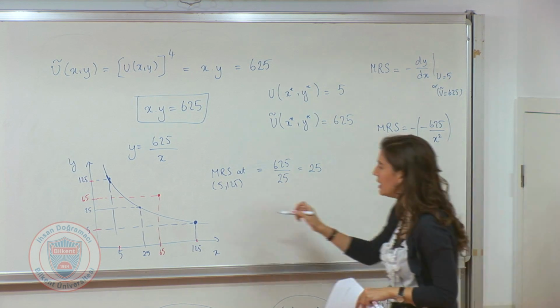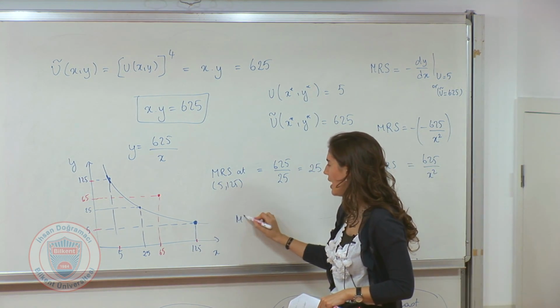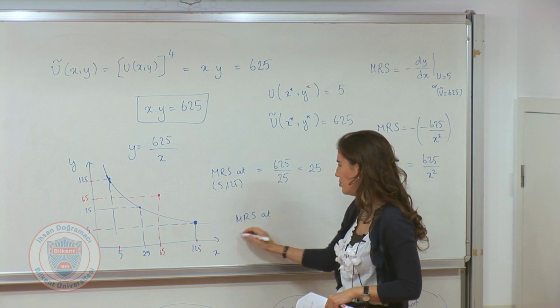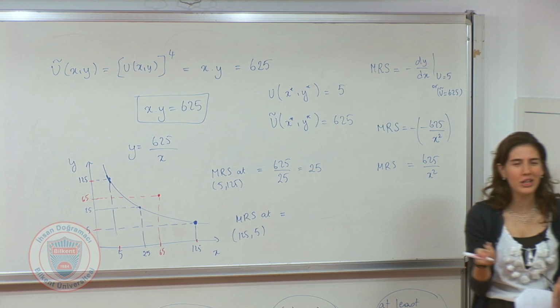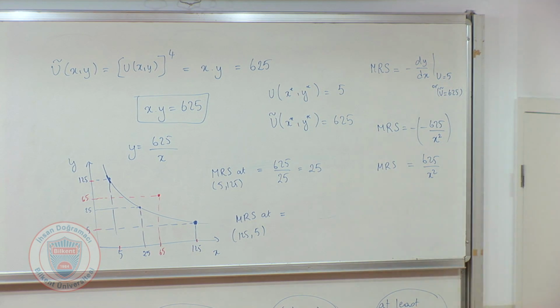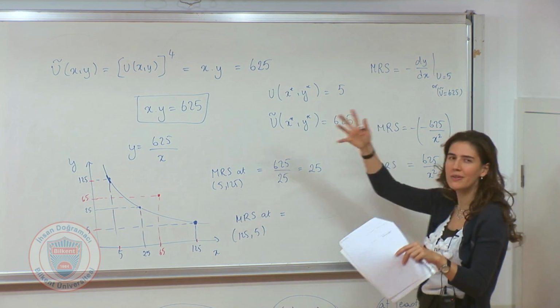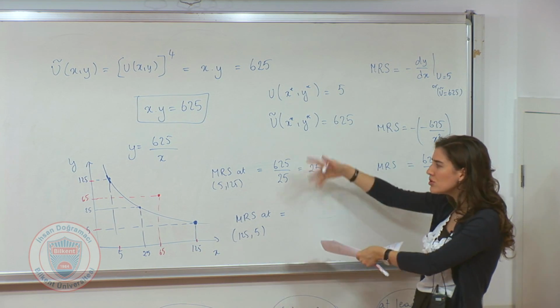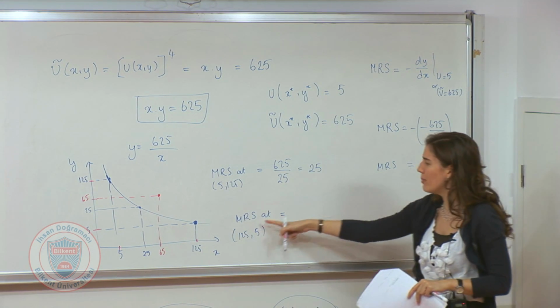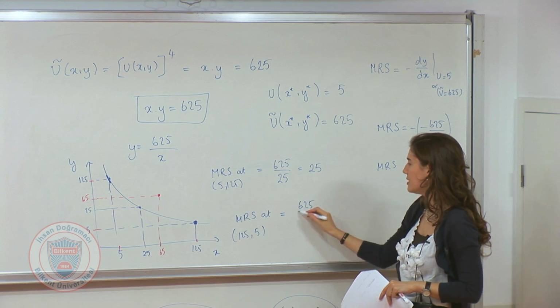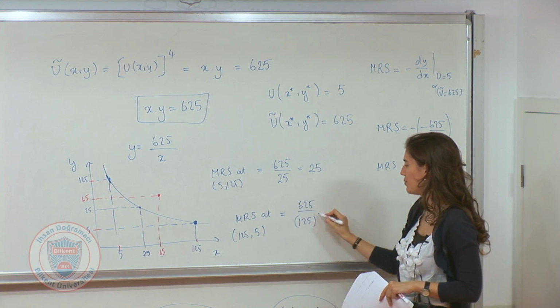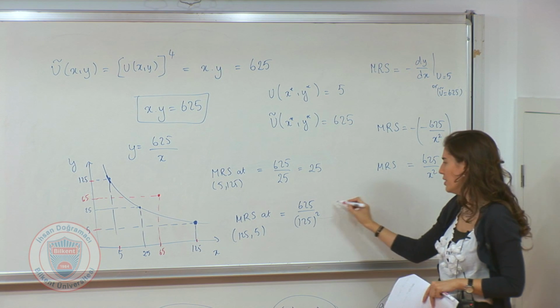But what about here? Do you expect the marginal rate of substitution to fall or to increase? To fall, right? Obviously. You see that whatever we said conceptually, we can also show it via math, right? So marginal rate of substitution at 125, 25, 625 divided by 125 squared, right? So what is this?